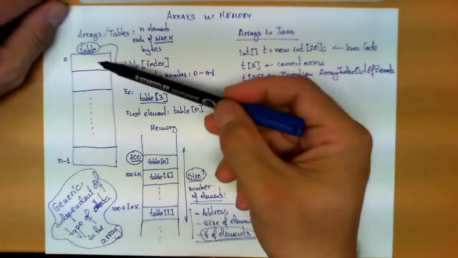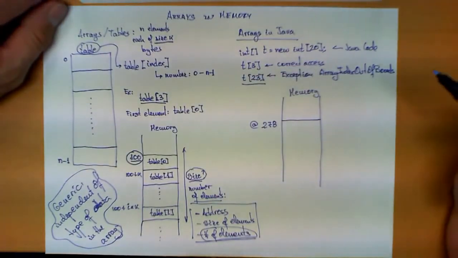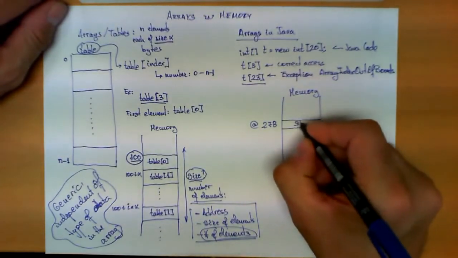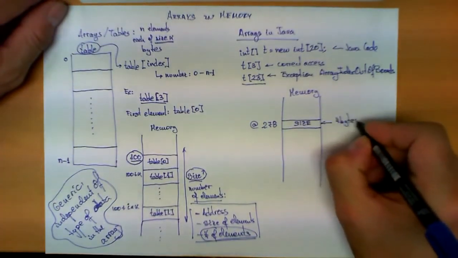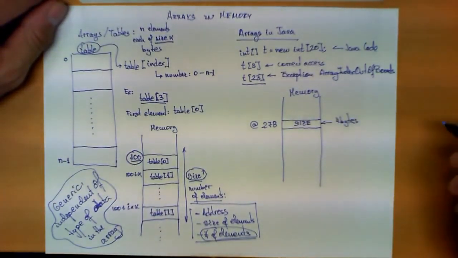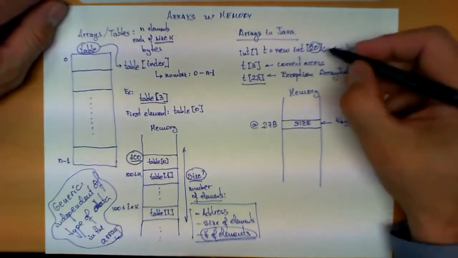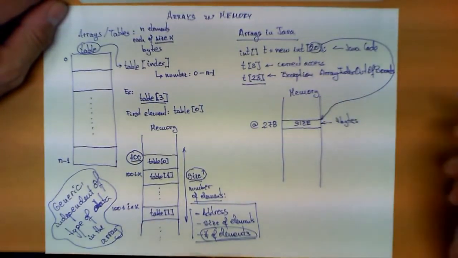Now, instead of storing the elements one next to the other immediately at this address, what Java does is it stores first the size of the array in a cell that occupies 4 bytes. In other words, in this example in which we define an array of 20 elements, that number 20 would be stored precisely in this location.